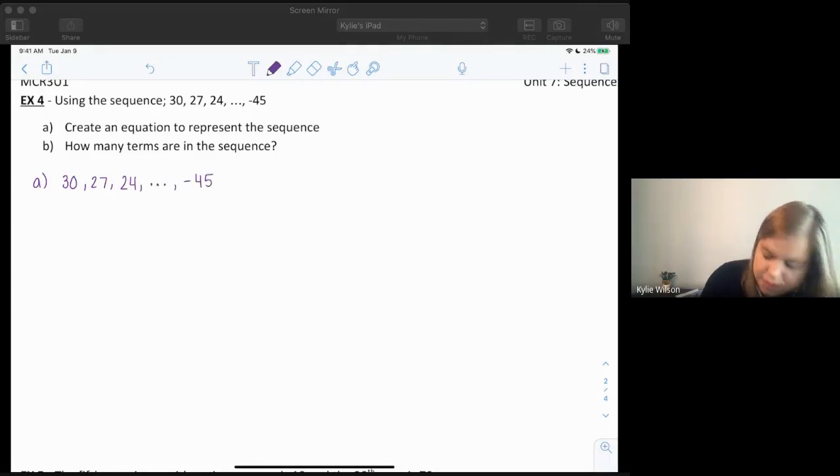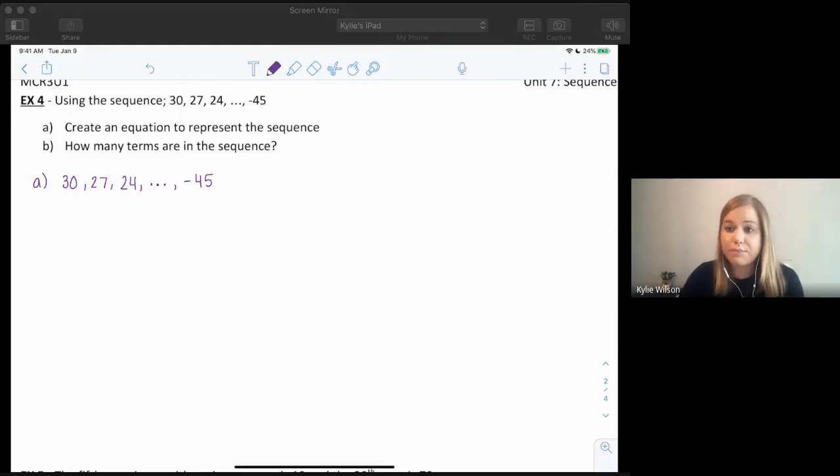I always need to check that first, because if it is not an arithmetic sequence, we cannot use this formula that we just put together. To get from 30 to 27, I would subtract 3. To get from 27 to 24, I'd subtract 3. So it's looking good, that's an arithmetic sequence, so we can use the general formula.